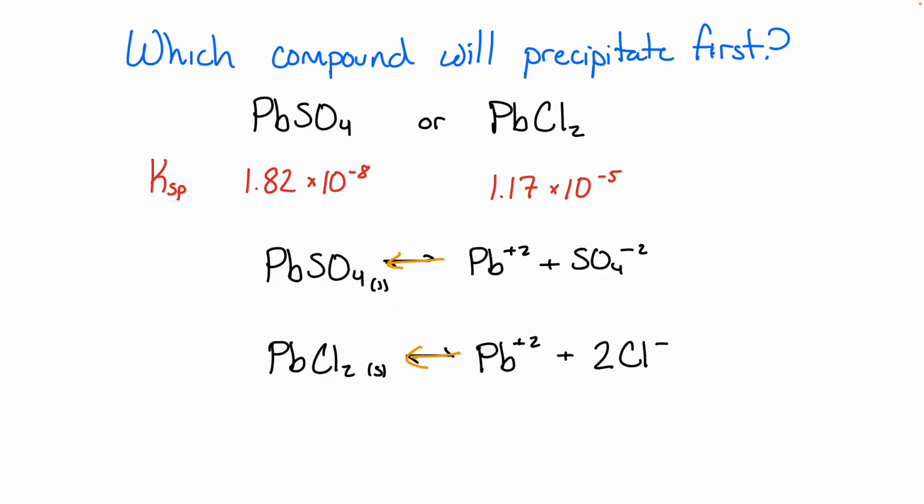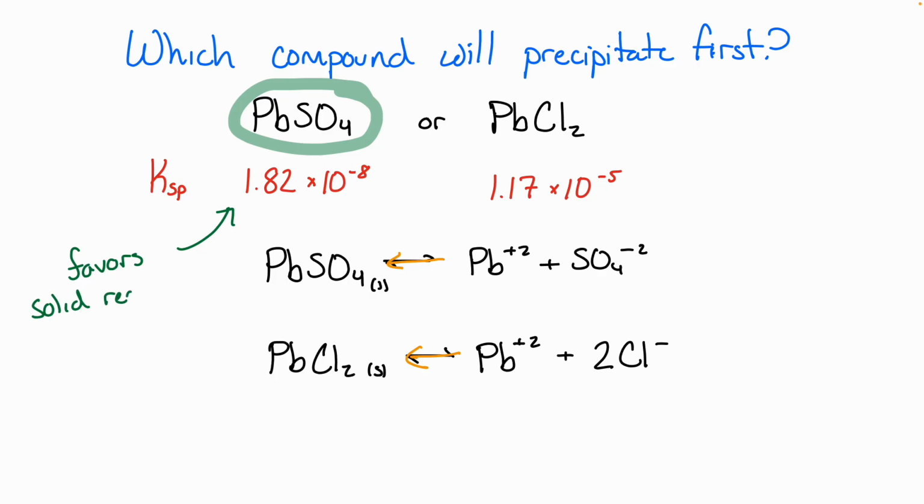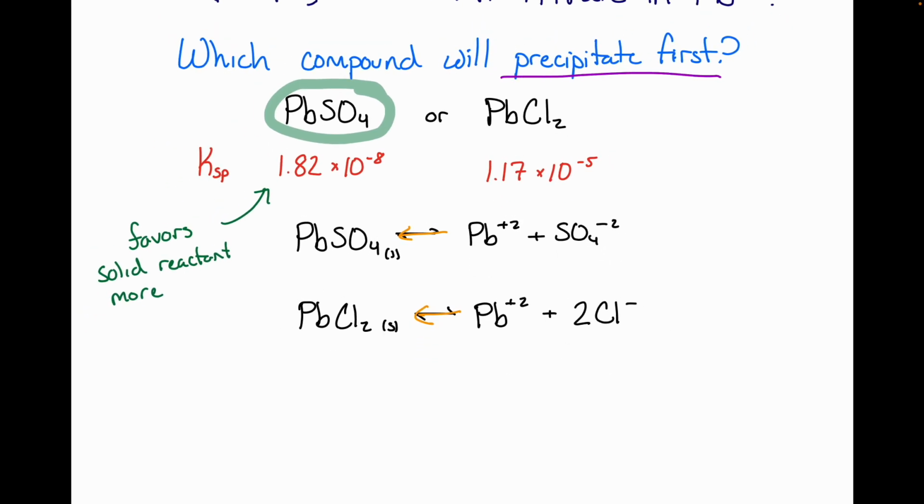So in this case, my lead sulfate will precipitate first because this reaction favors that solid reactant even more. When I ask which compound precipitates first, I'm looking for the smallest KSP value.